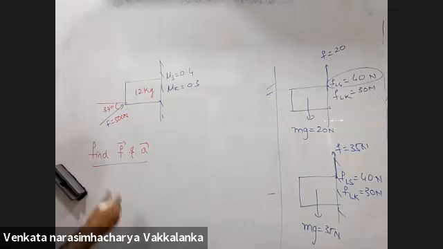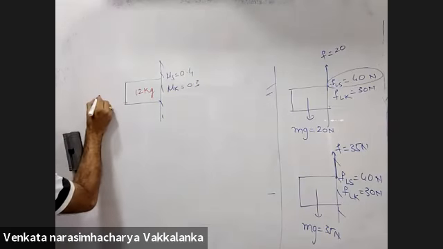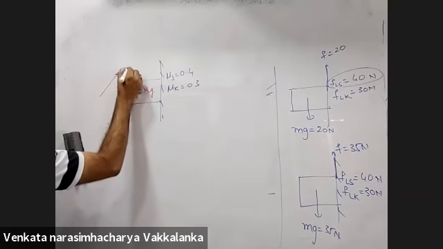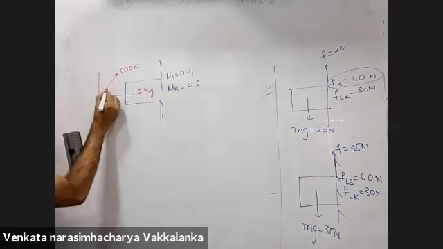Here you will resolve the forces. If 500 Newton is acting this way, this angle you gave me as how much? 37.